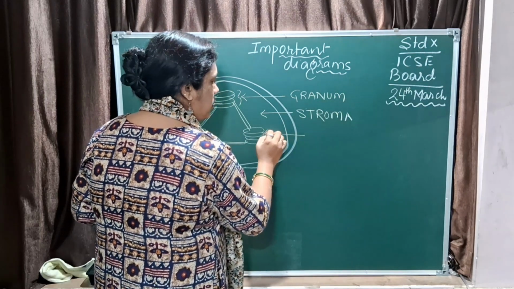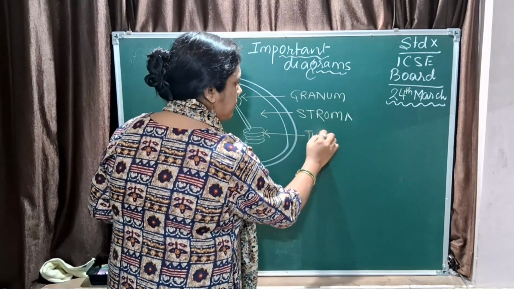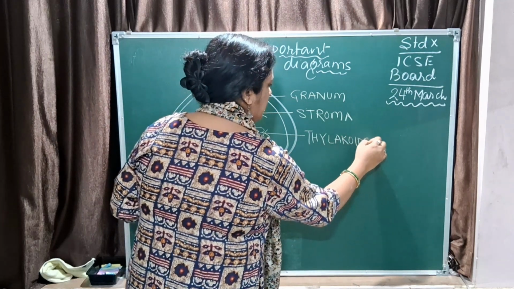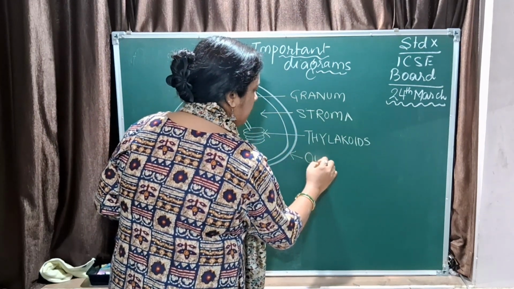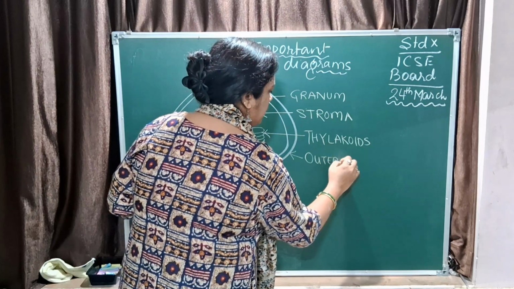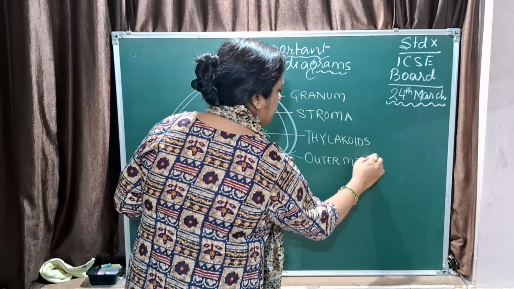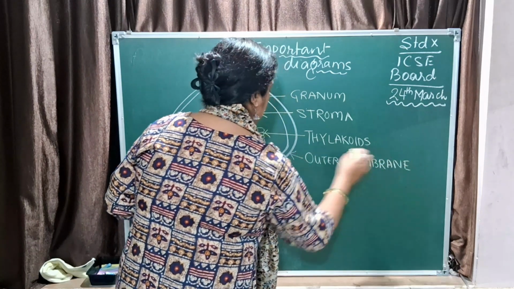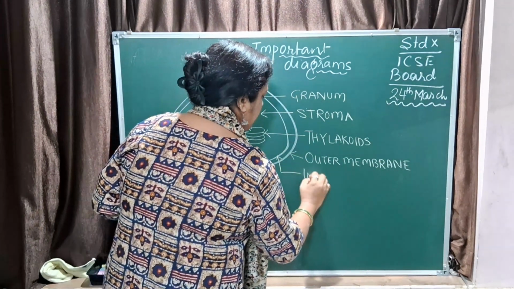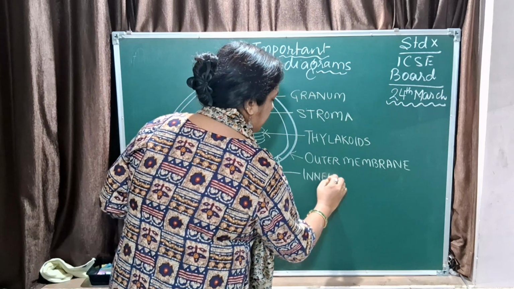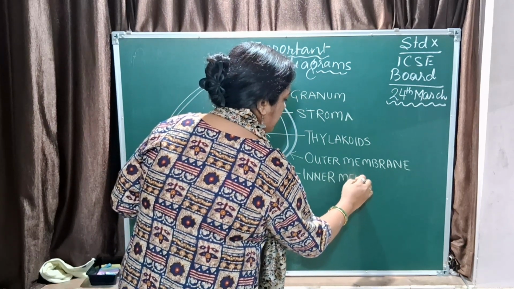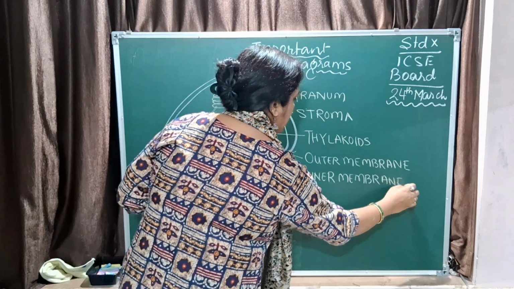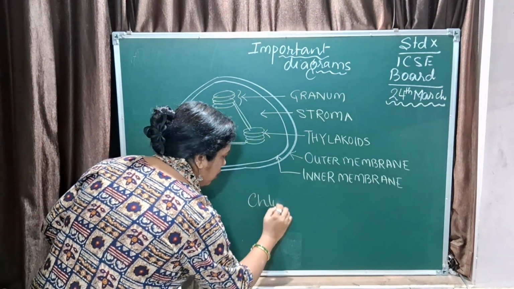This single unit is called thylakoids. This is the outer membrane. The inner membrane. And this is the diagram of your chloroplast.